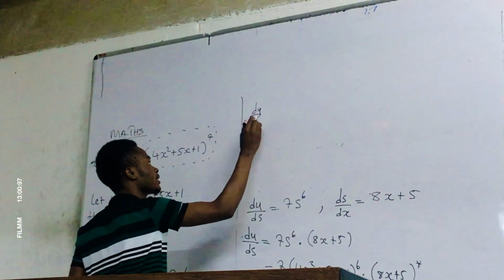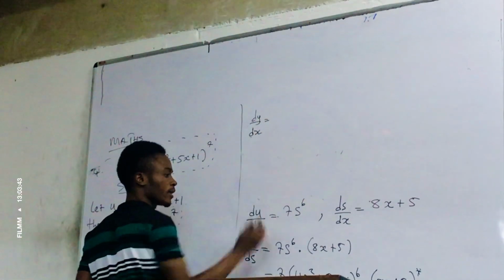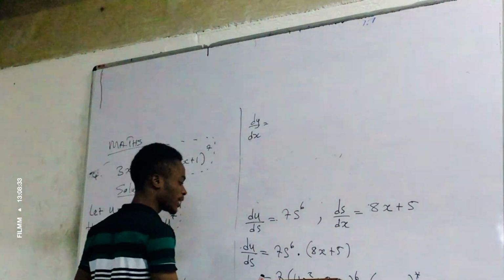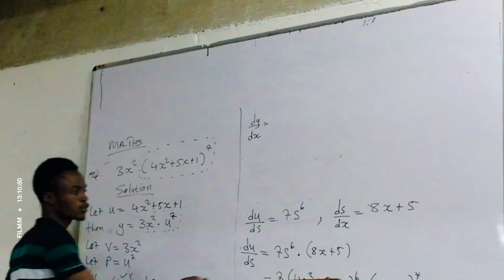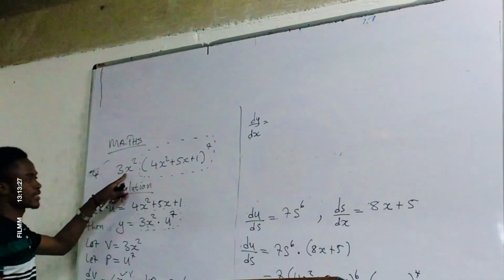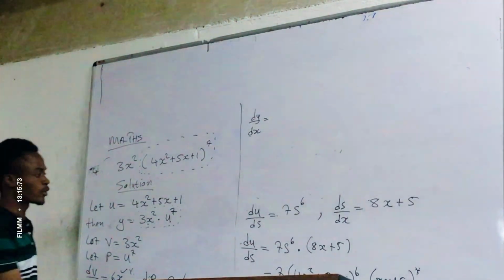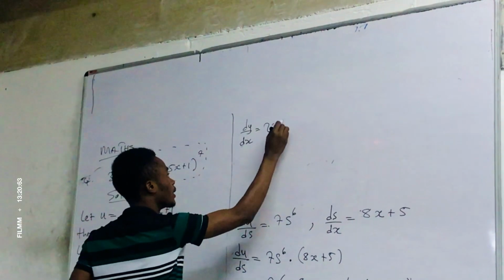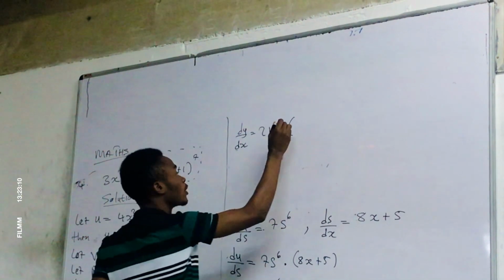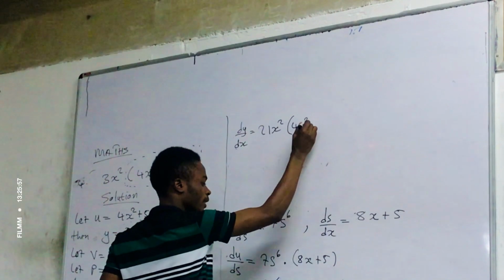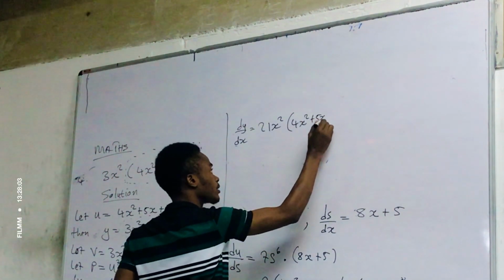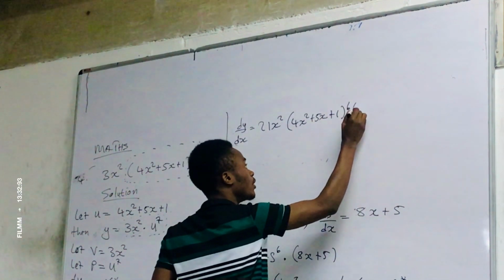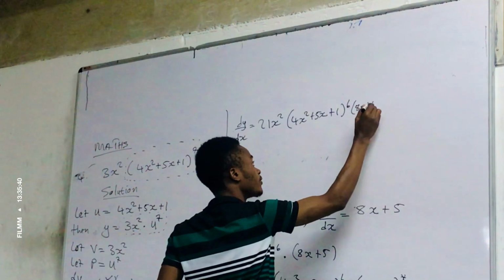So dy dx, we are going to say this will be times that. So you just say 7 times this, times that. So this whole thing times that, you are having 21x squared, then you are going to have 4x squared plus 5x plus 1 to the power 6, and then you have 8x plus 5.